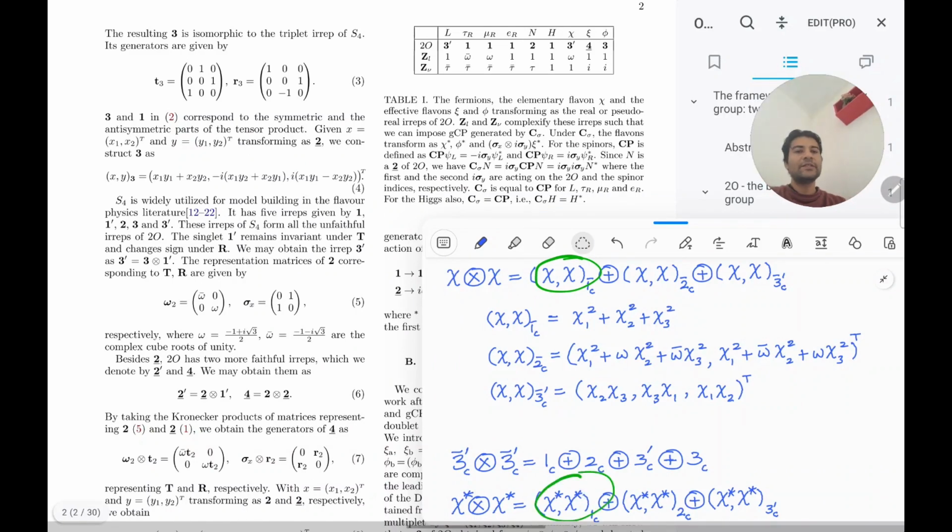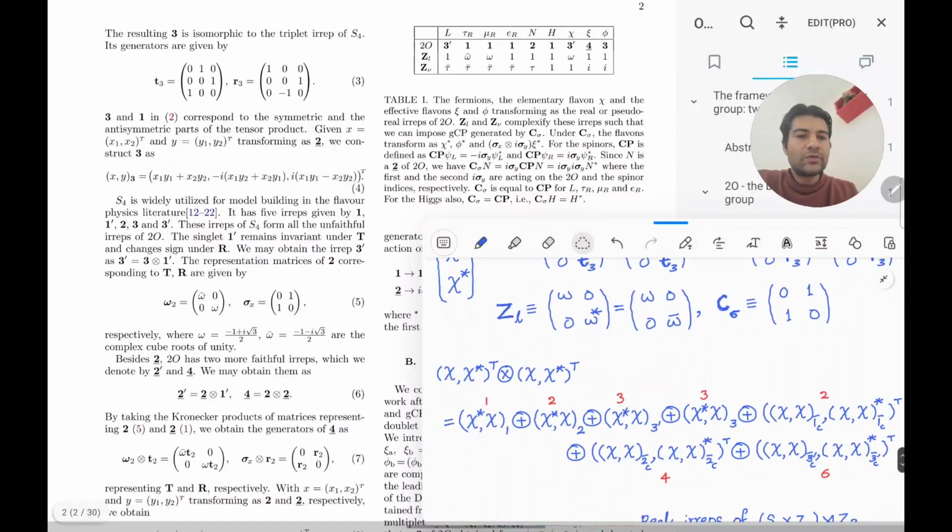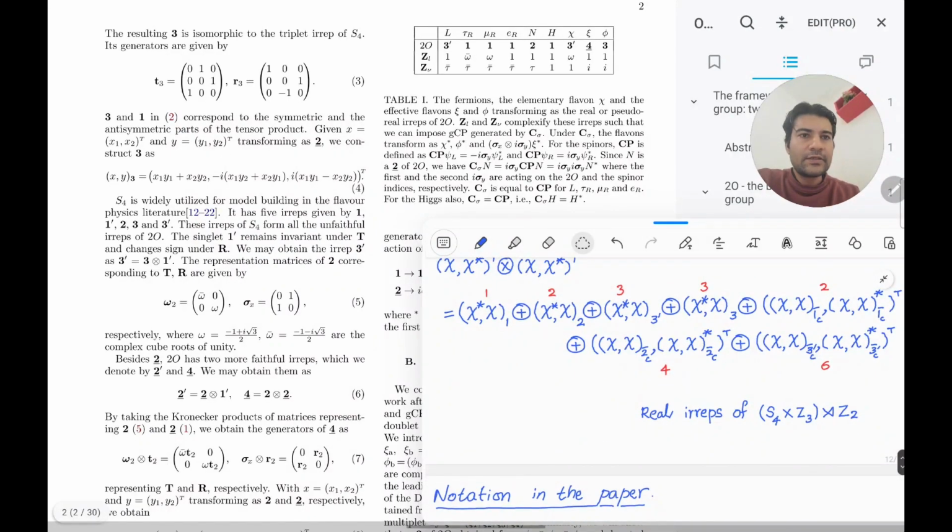So these 2 objects form a single irrep in that expansion. Similarly, this doublet and its conjugate, this one, it will form a 4-dimensional irrep. So that is shown here.